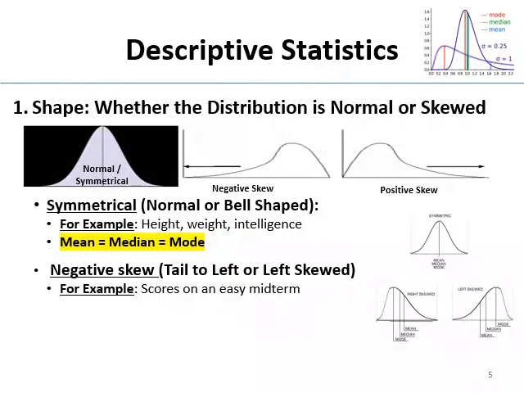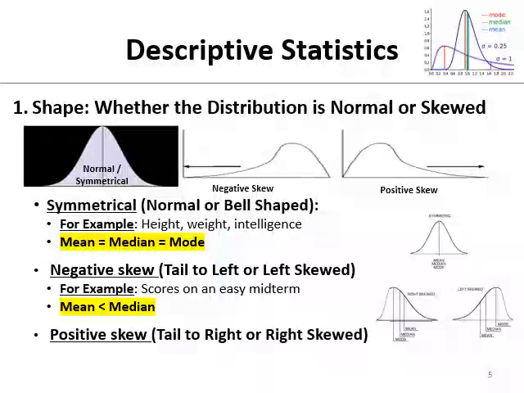So even on an easy test, there are still people who blow it, but most people do well. That would be a negatively skewed distribution. In all skewed distributions, actually, the mean gets pulled towards the tail. So the mean will be, in negatively skewed ones, lower than the median. It gets pulled towards the tail, and so it gets pulled down.